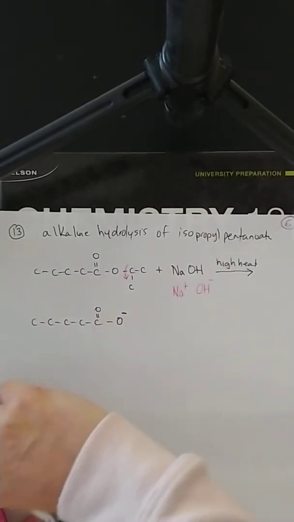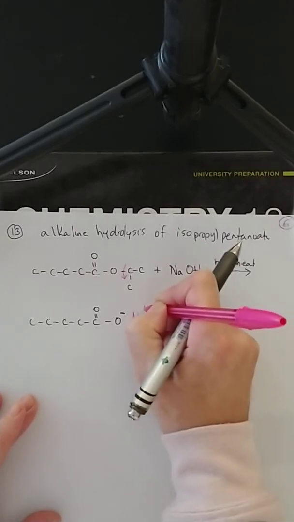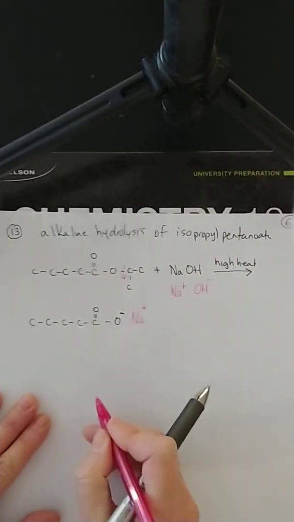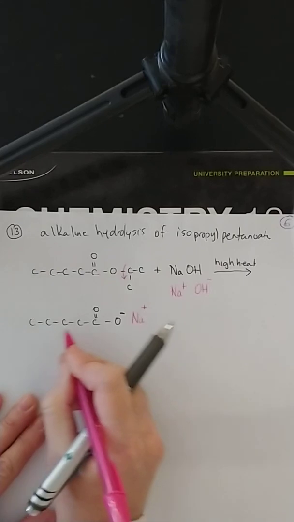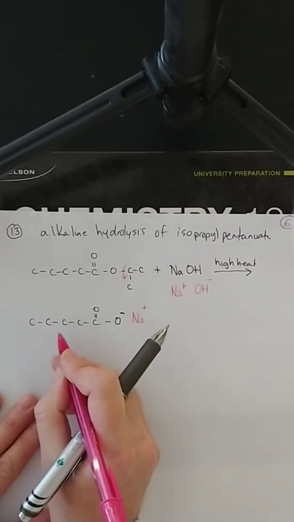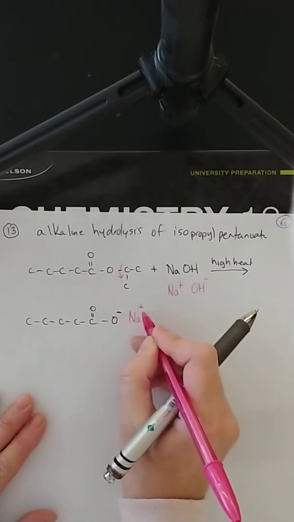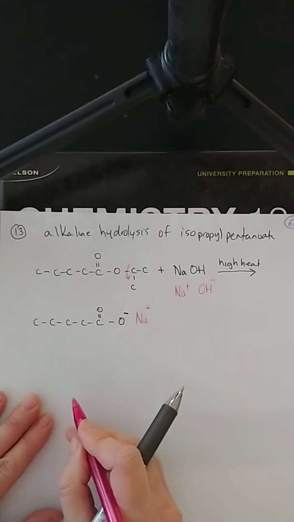It's going to attract the Na. So the Na, it's not a covalent bond, it's an ionic bond. So this is your nonpolar end of your acid that you started with, and now we have a polar charged end, negative and positive, and this is what makes soap.